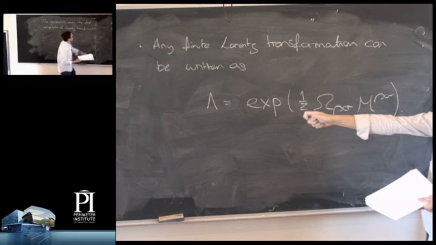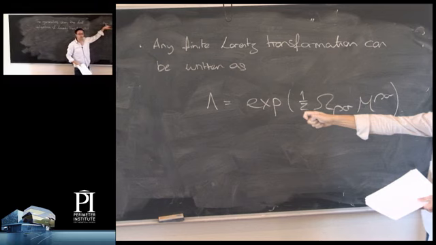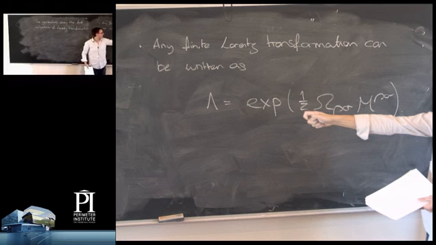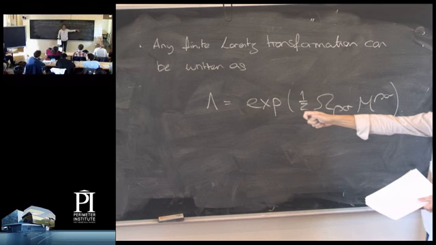Oh, but by the way, this "any" isn't quite right. Strictly speaking, these are Lorentz transformations that are connected to the identity. There's some, like doing a parity transformation, a reflection, which you can't get this way. So you have to add an extra couple of operations to get the full Lorentz group. We'll come to that later.